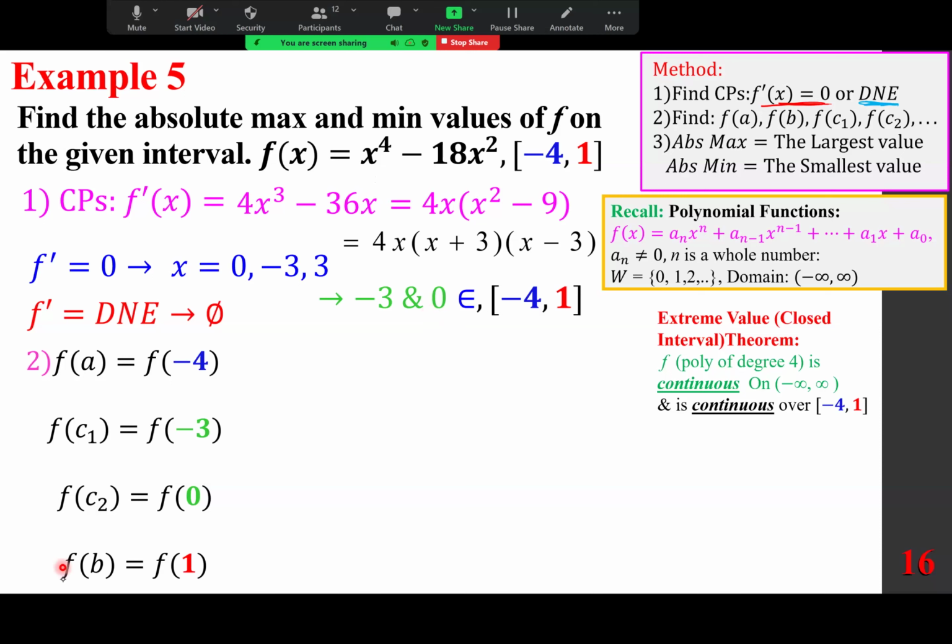Perhaps if you write this as x squared times x squared minus 18, it's easier to evaluate. So now this is minus 4 squared, which is 16.